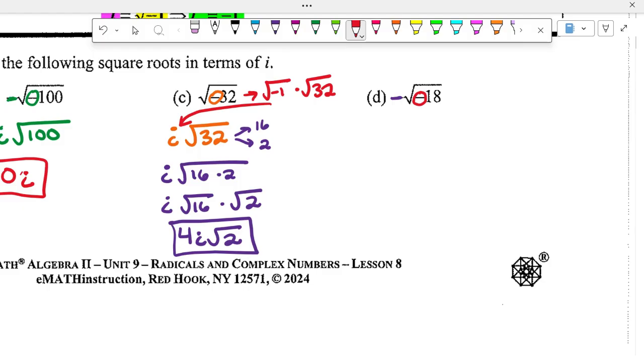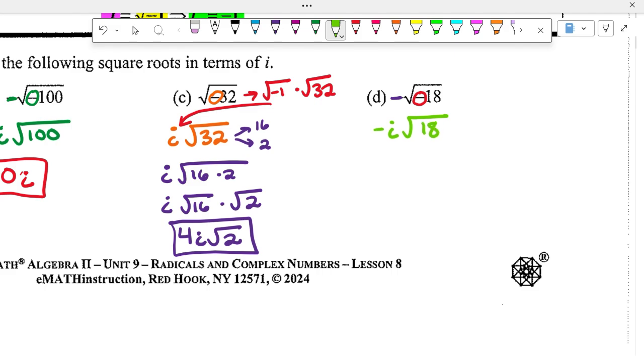We got to take your i out. So since it's negative on the outside, it's still negative. So I have negative i, and the 18 underneath becomes positive.